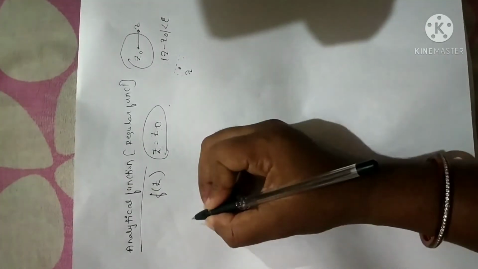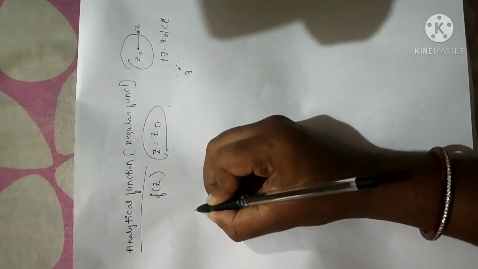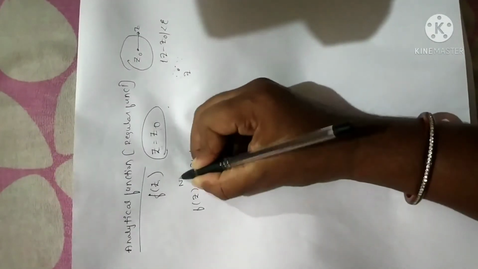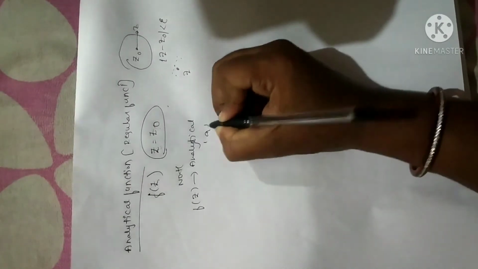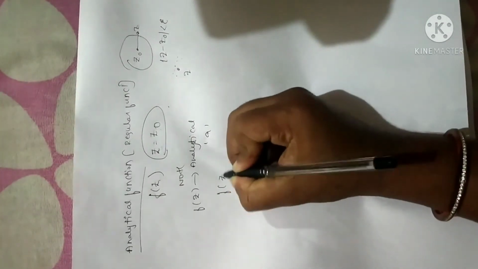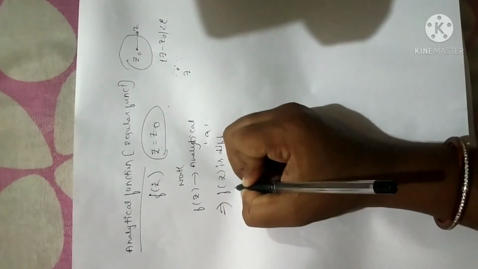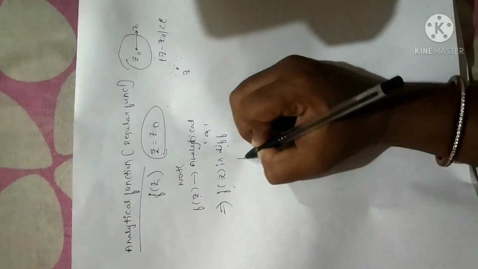And remember, this is a note you have to remember: if a function f of z is analytical at a point a, then f of z is differentiable. You have already studied this theorem in your degree classes. If f of z is analytical, then f of z is differentiable, but the converse is not true.